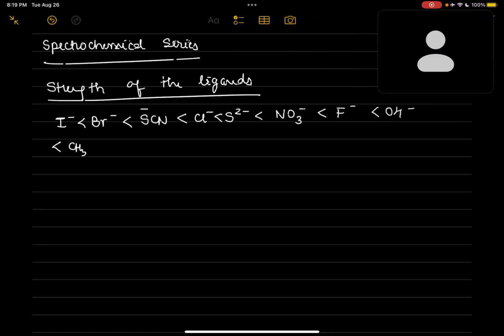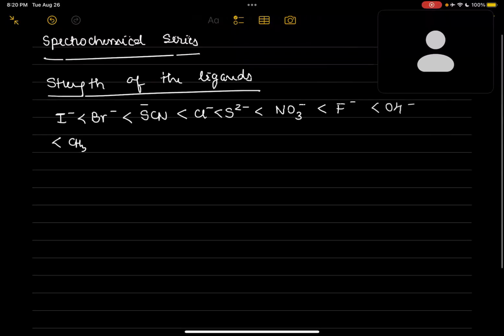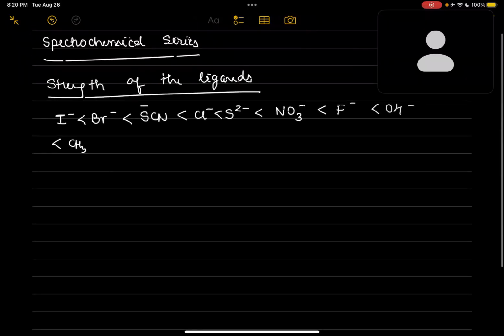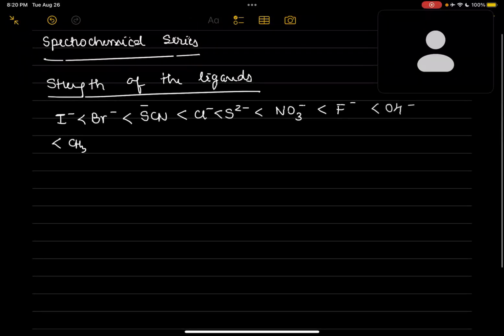Then after acetate, you have oxalate. Oxalate is C2O4 2 minus. Got it? Then you have H2O. So water is a weak ligand. Is it clear or not? Water is a weak ligand.